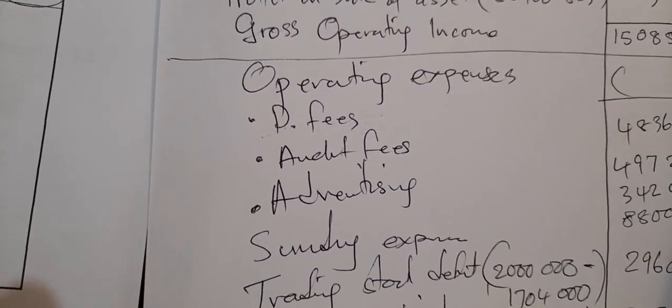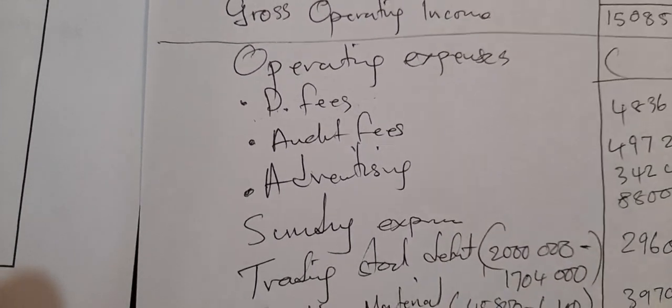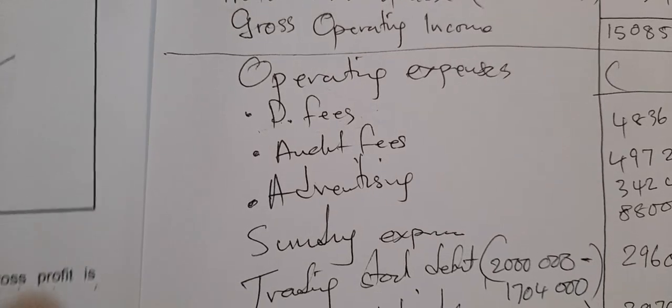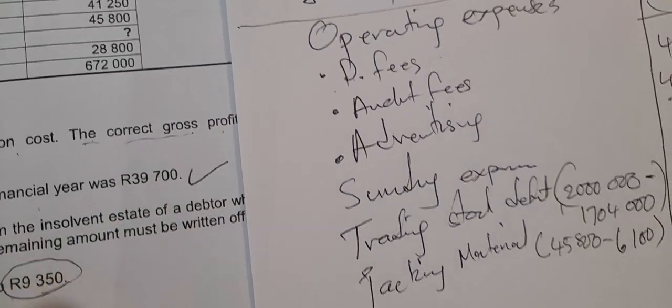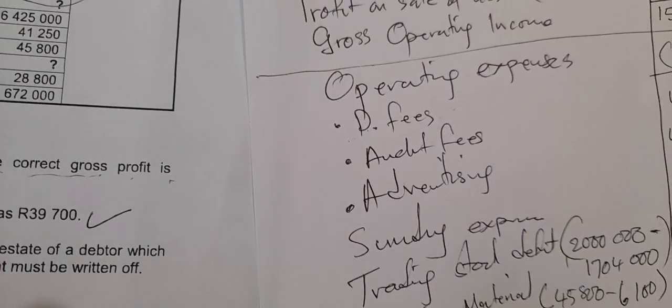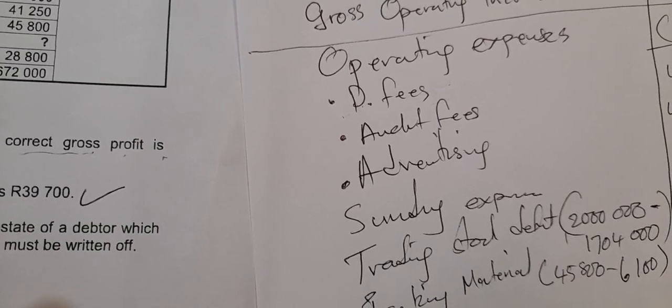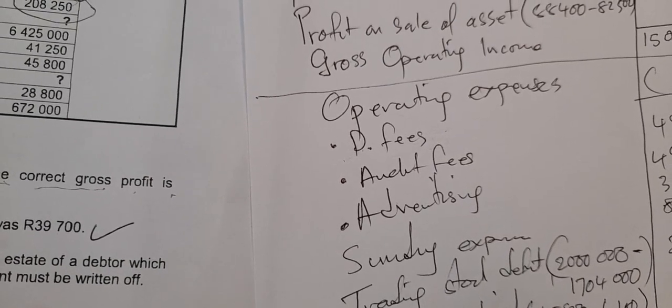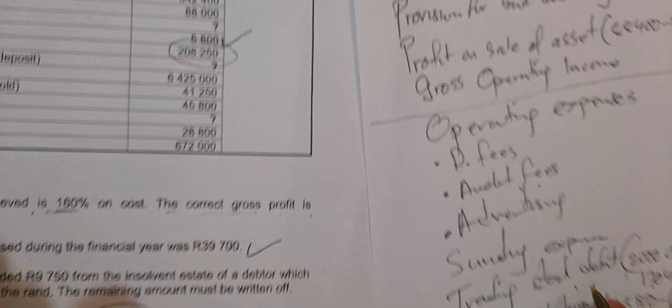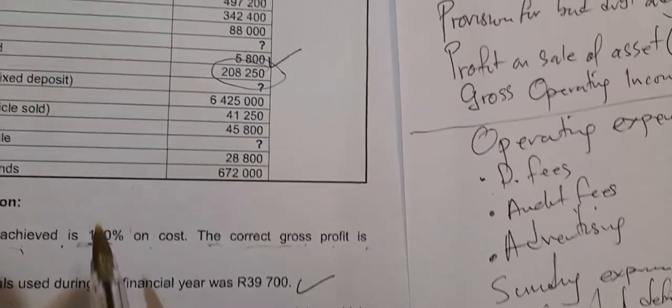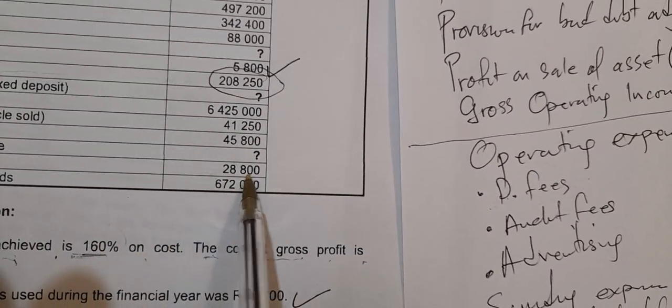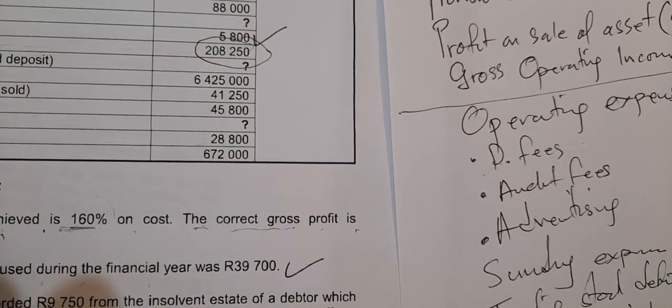Let's proceed. Now we are looking at information number C. So we have a bad debt. Our bad debt is given as 28,800.